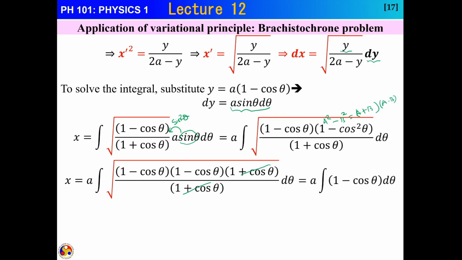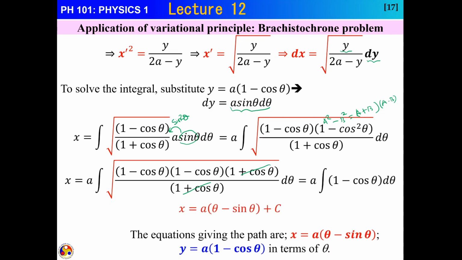So if we do this integration, my x will be a into theta minus sine theta plus some constant. So now the equation we get for y in this functional form provides x in this functional form. So x and y you are getting in terms of theta.